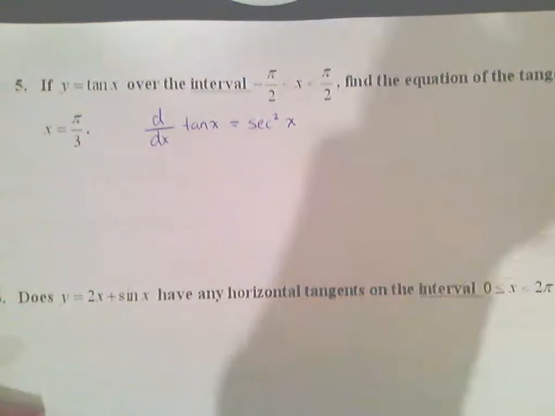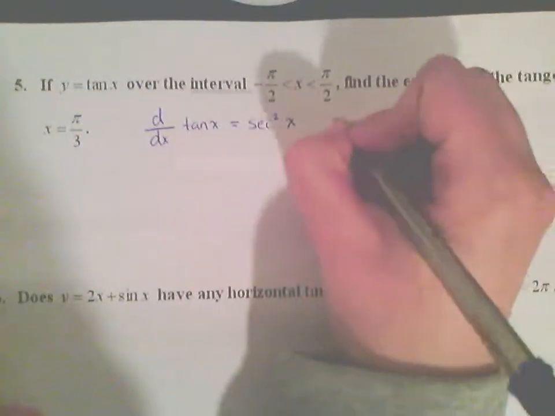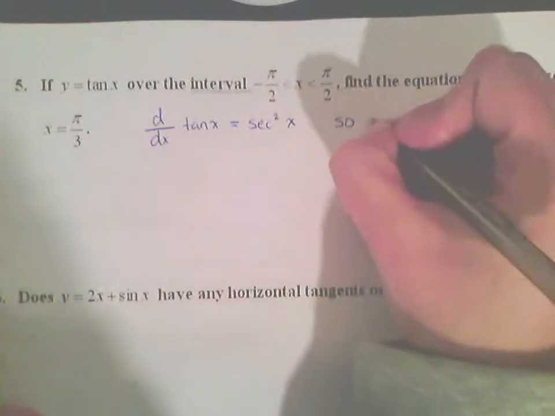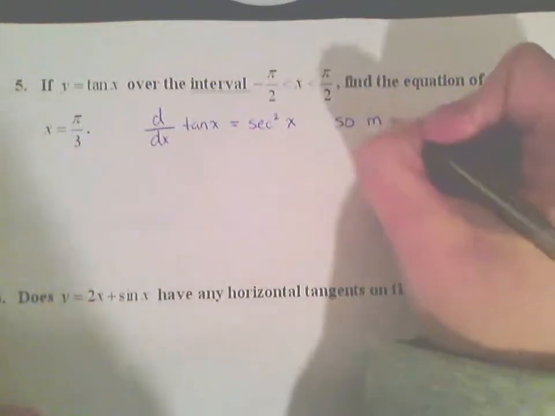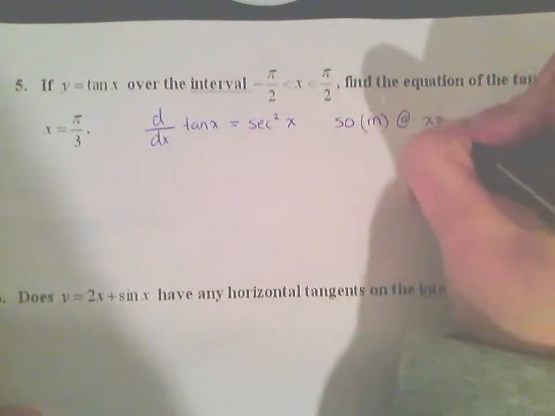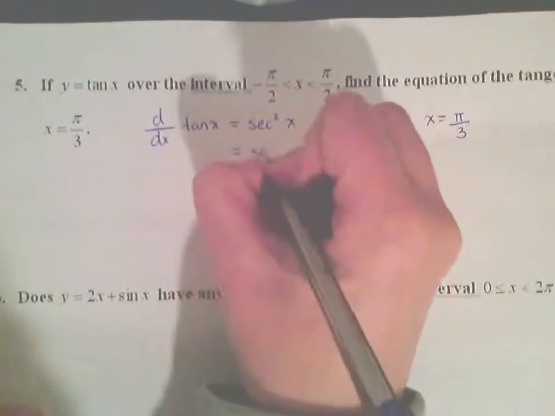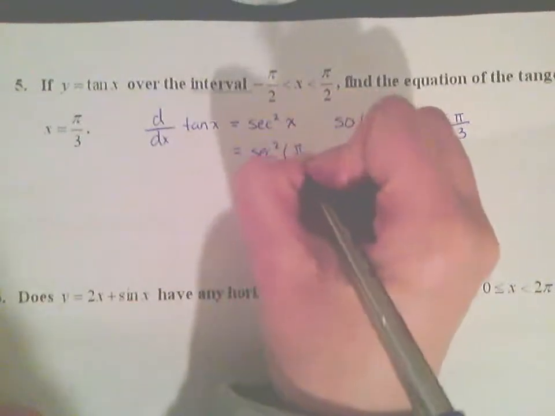Okay, so m, the slope, at x equals pi over 3 is secant squared of pi over 3.